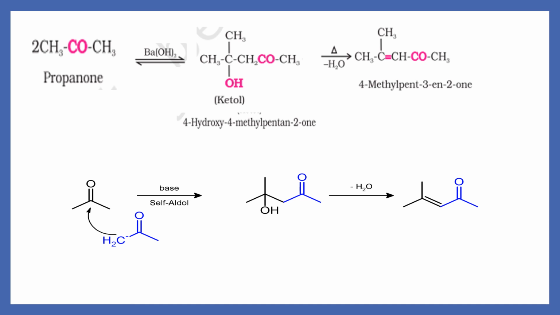Ketol. The reaction can be carried out for ketones also, as I told you. The only condition is that the ketone or aldehyde should have alpha hydrogen. So we can see there are 3 hydrogens here and 3 here, both alpha hydrogens. So here if you take dilute NaOH, or another option is barium hydroxide, it will be able to abstract acidic hydrogen.